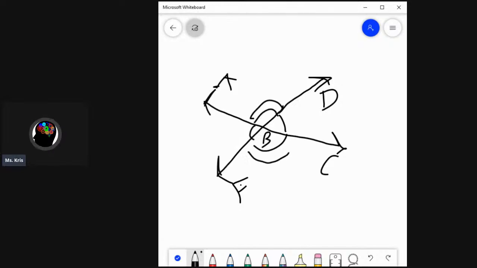Same thing for angles ABD and FBC. They're congruent based on the fact that they have a common vertex. And if they have a common vertex, that means they have two vertical angles.